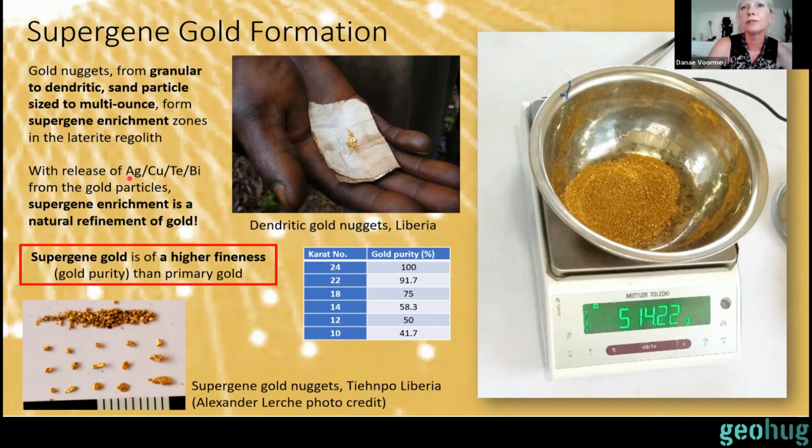Gold's alloyed with silver, copper, tellurium, bismuth. It loses that, and not only does it lose that, it also searches each other out and agglomerates and forms nuggets. And you can have dendritic form, you can have large nugget forms like in Australia, and they're very high fineness of gold, high purity.